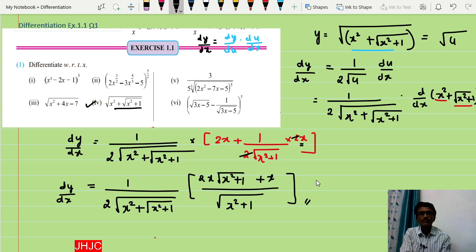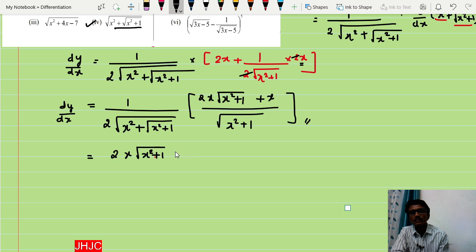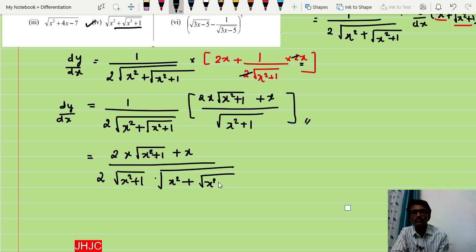Finally we get dy by dx is equal to 2x root of x square plus 1 plus x, upon 2 root of x square plus 1 and this whole bracket, that is square root of x square plus root of x square plus 1. This will be the answer.